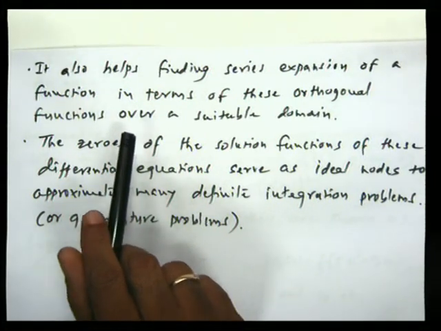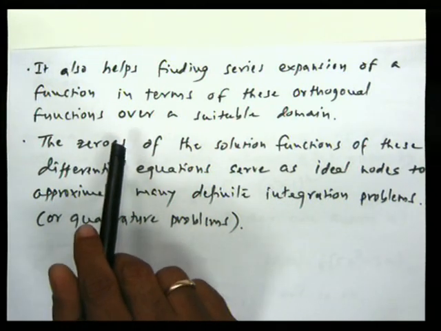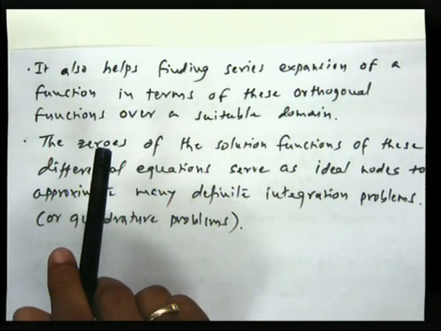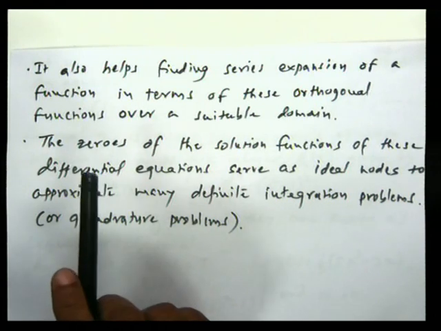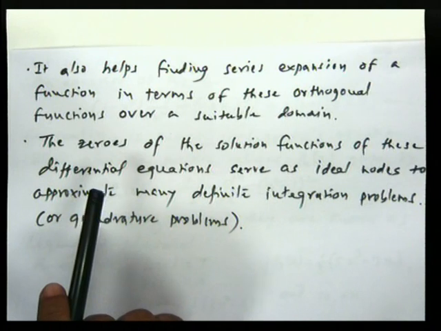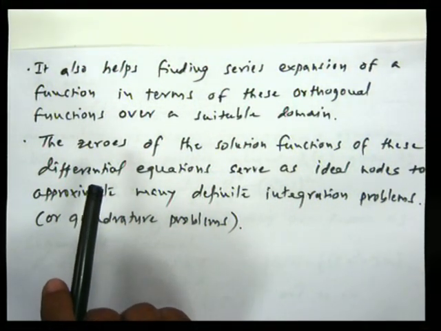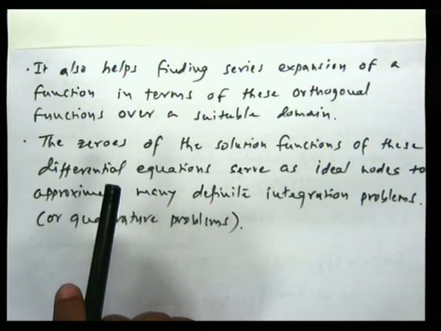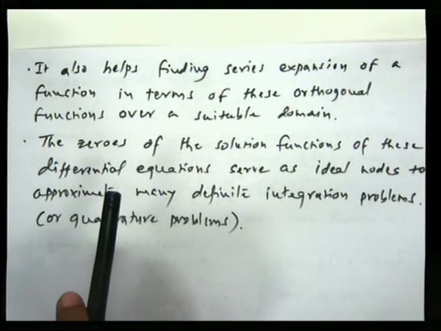When we try to expand a function in terms of a Fourier series, what we see is that the trigonometric functions cosine and sine appear in a Fourier series and they have the property of orthogonality. So, if we search for some other functions with similar properties, you get them from solutions to such equations called Bessel's equations or Legendre's equations or Laguerre's equation or Chebyshev equation, where you need to define a kind of inner product.